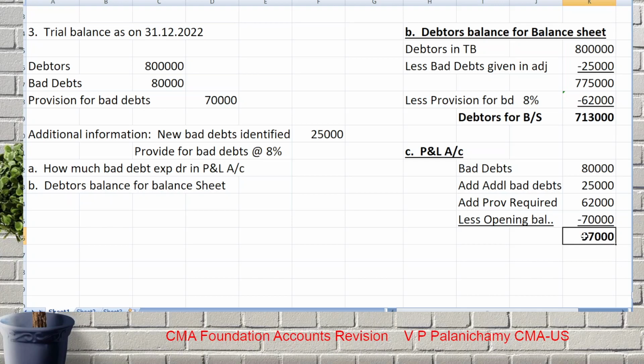P&L. It is 64,000. 7,75,000 at 8%. After adjusting bad debts, 7,75,000 at 8%.